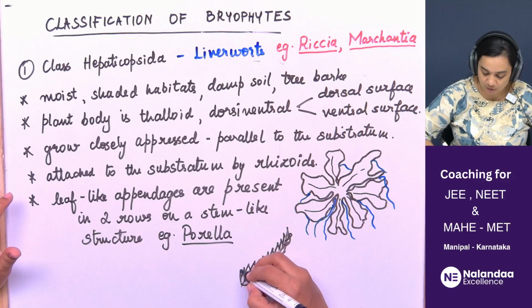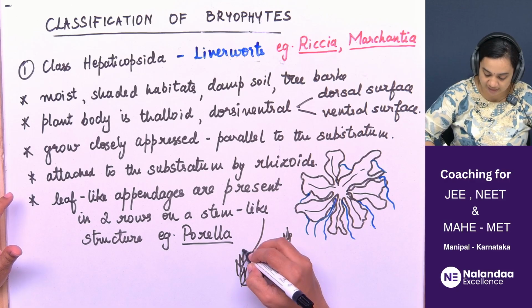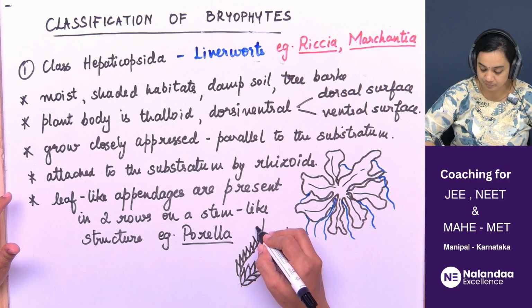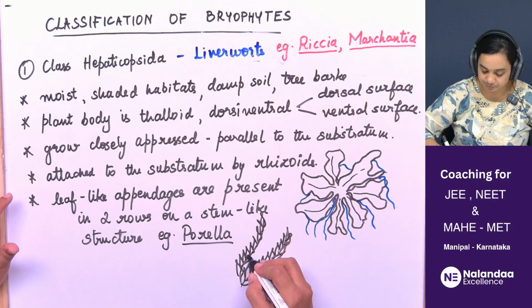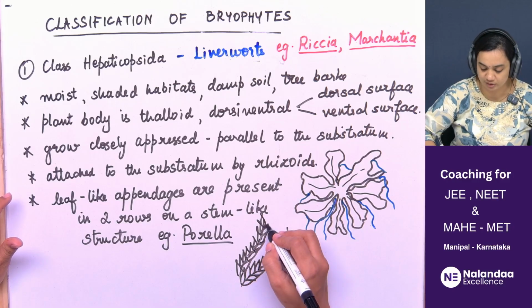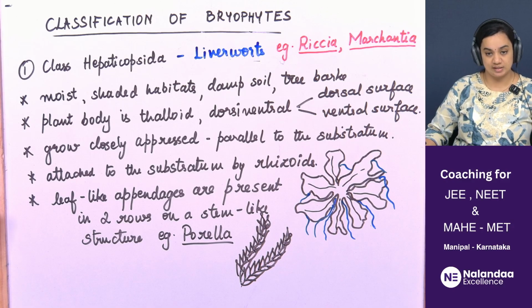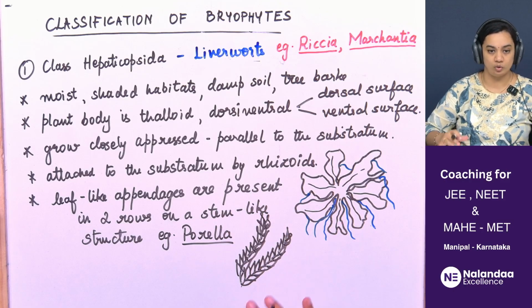It will be branched, many leaf-like structures will be present like this, and there will be rhizoids growing from underneath. This is in the case of Porella, and it will be found all around like this.